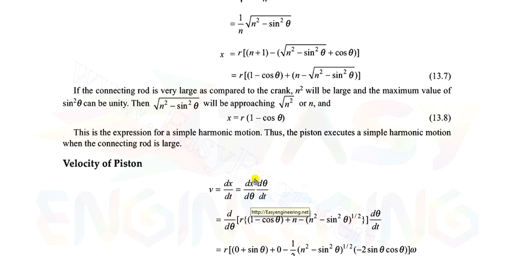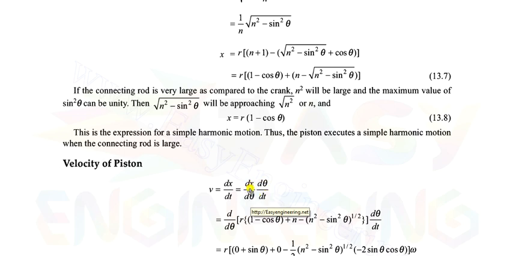Now this d theta by dt is nothing but, since theta is angular displacement, when you differentiate with respect to time it gives you angular velocity, which is omega.